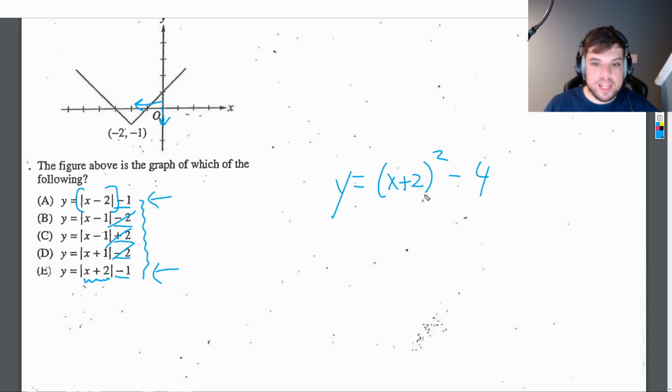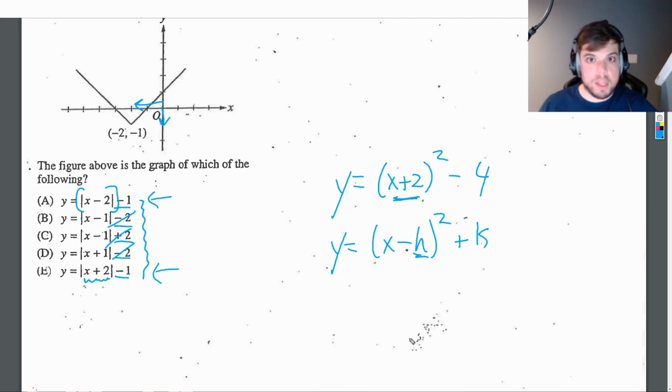Then we know this graph is shifted 2 to the left, because the vertex form in general looks like (x minus h) squared plus k. So we're subtracting away whatever that horizontal displacement is. In this case, we are subtracting a negative 2 inside the absolute value, since we are shifted 2 to the left, and that gives us an answer V.